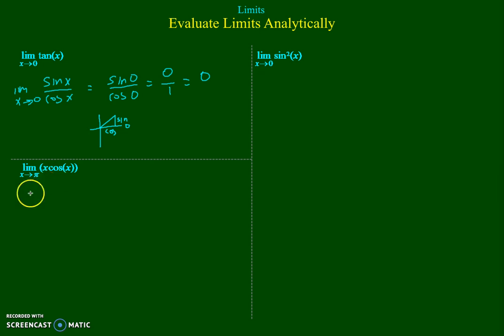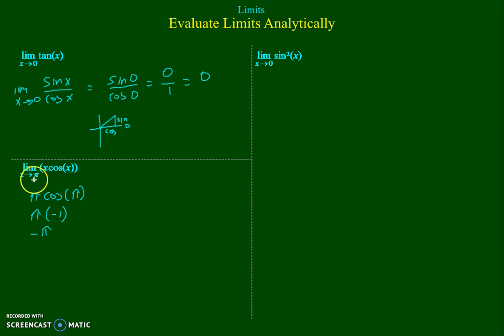All right, let's go ahead and look at this one. Now in this limit, we're doing direct substitution. We have pi times cosine of pi. Back to the unit circle, pi is over here, so cosine of pi is -1, so it's pi times -1, which is -pi.